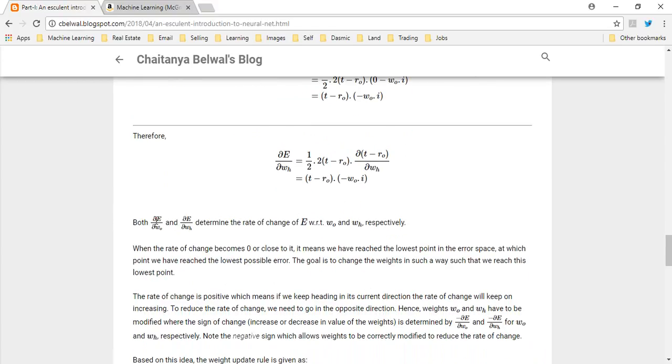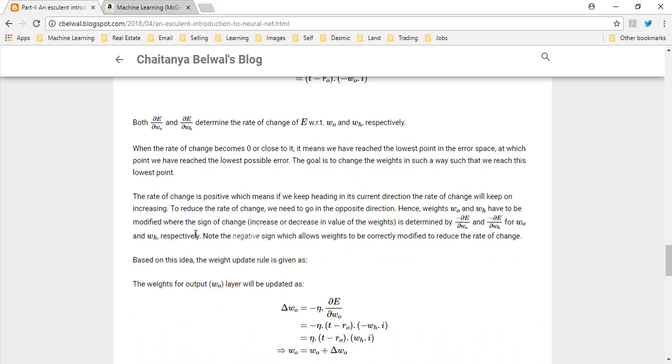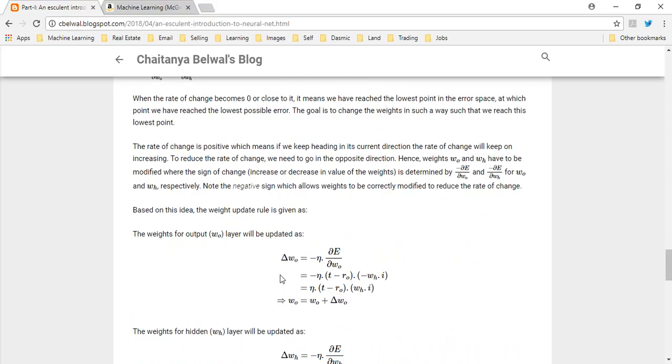Now, once we have determined the rate of change of E with respect to the output layer weight and the rate of change of E with respect to the hidden layer weight, we can deduce how we update our weights. So normally what we do is we calculate a delta WO. This is for the output weight.